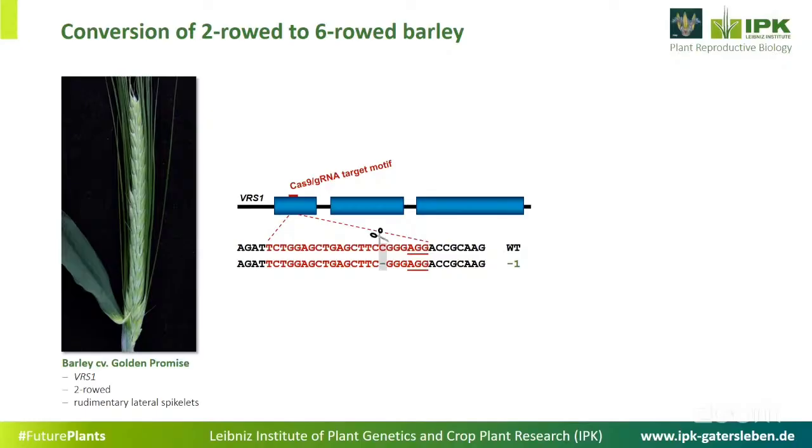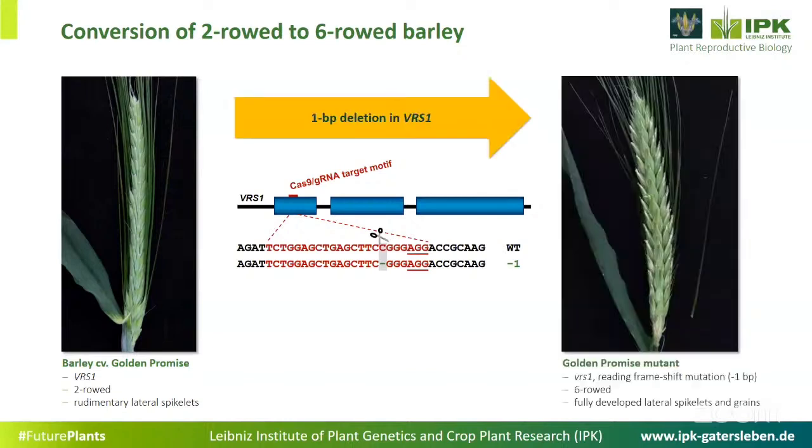So the repressor of the lateral spikelet formation is no longer functional, and the result is a 6-rod barley. This is the tiniest genetic modification you can do. Just delete one nucleotide, and you have the tremendous difference, 2-rod to 6-rod.